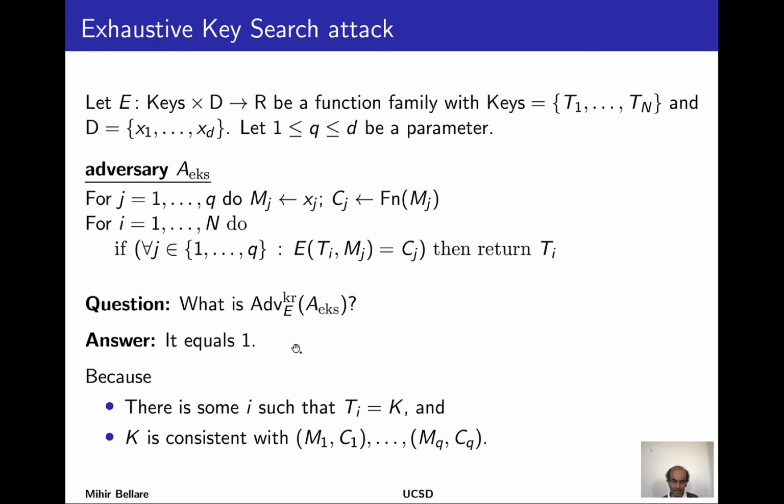Okay, now is it possible that it doesn't hit that target key? That could happen because it stops earlier in this loop. The reason it stops is that it found something else that worked and returned that. That's fine, because once it found something else that works, that other thing is meeting the definition of consistency and hence is also a win.